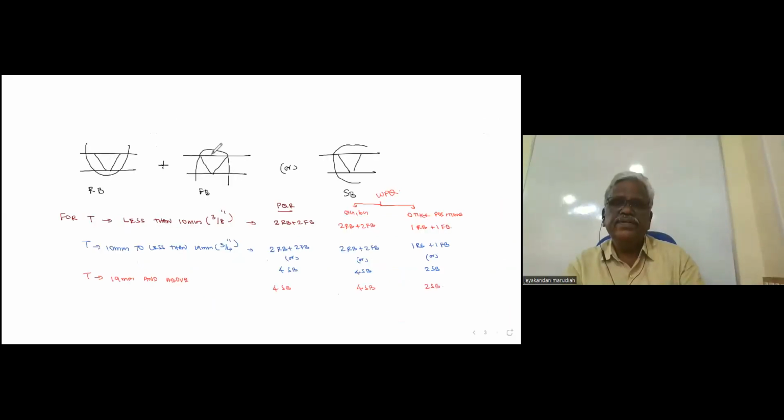So acceptance criteria: cracks greater than 3 mm, 3 mm is 1/8 inch, or sometimes they put 4/32 inch, not acceptable.